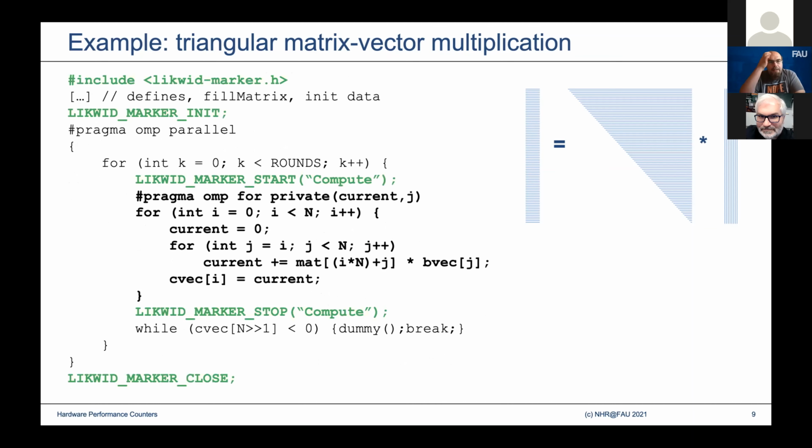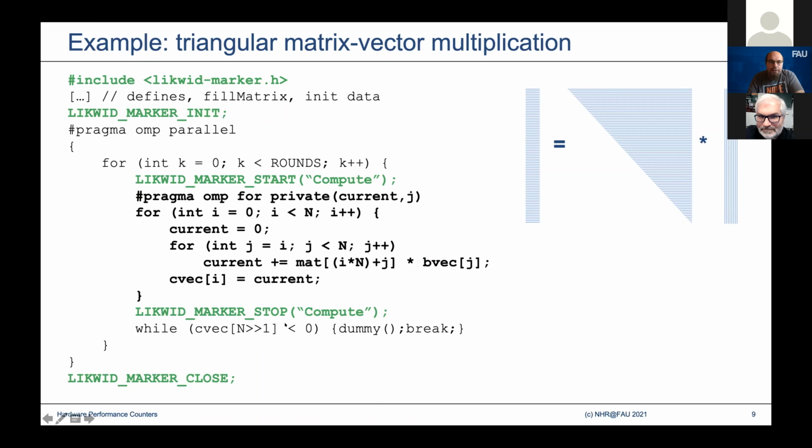To add the markers, we include the likwid marker header, then do some marker init before the parallel region, the marker close afterwards, and then we add likwid marker start and likwid marker stop in the rounds loop.